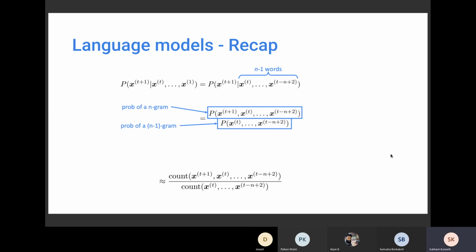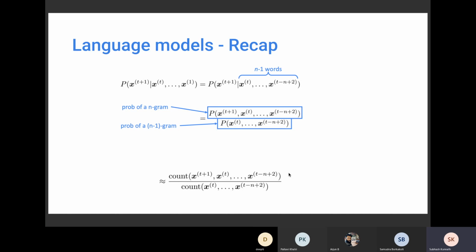To calculate this conditional probability, you can find the probability of the n-gram and divide by the n minus 1 gram. These probabilities can be estimated by counting the number of these n-grams or n minus 1 grams in a large corpus.